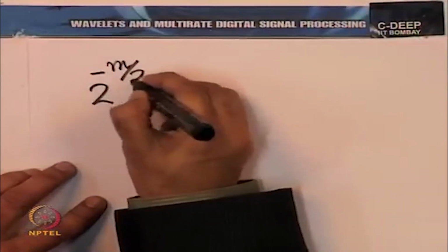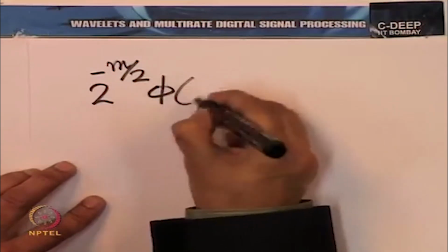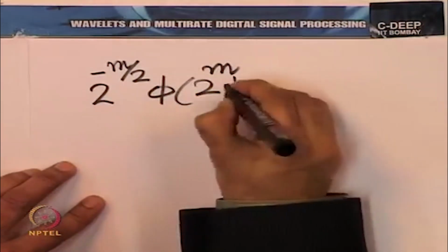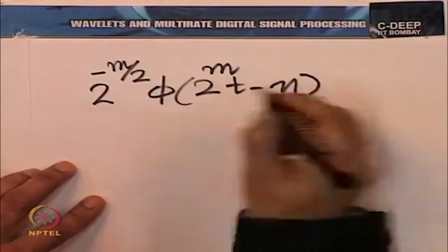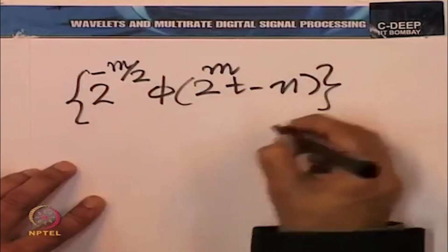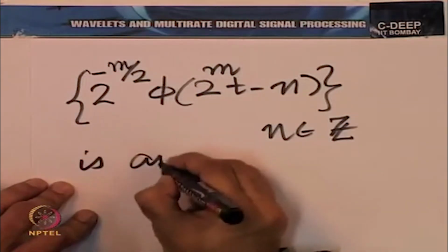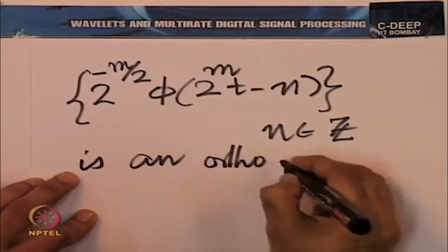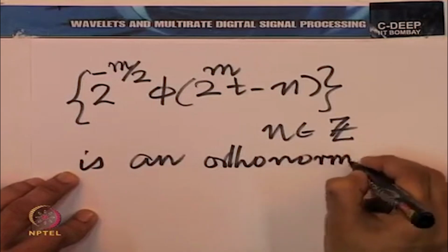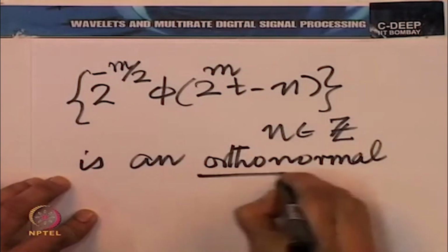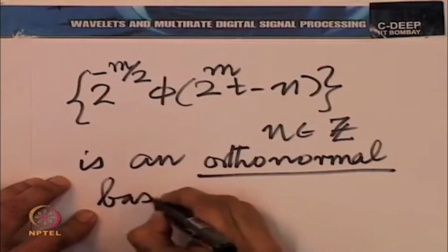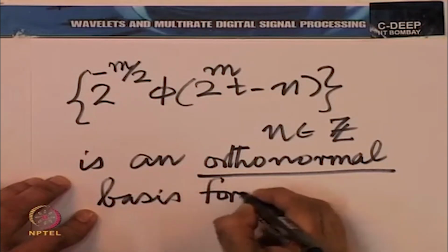So, let us make that note. 2 raised to the power minus m by 2 phi 2 raised to the power m t minus n for all integer n is an orthonormal basis for V m.